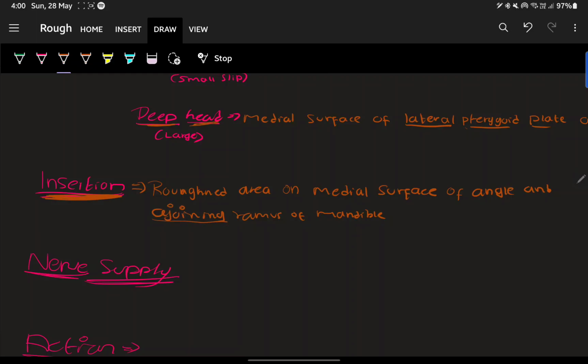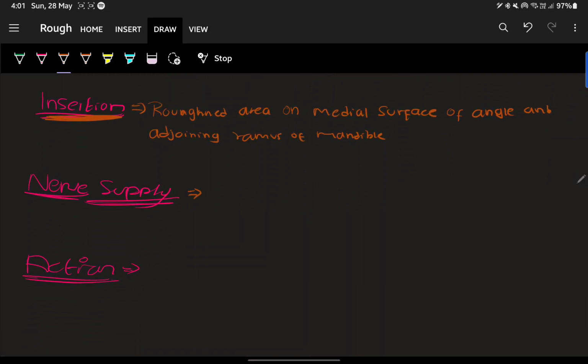Is this clear? Okay, I'll just try this again. Adjoining ramus of mandible. Okay, and the nerve supply is nerve to medial pterygoid, which is a branch of main trunk of mandibular nerve.